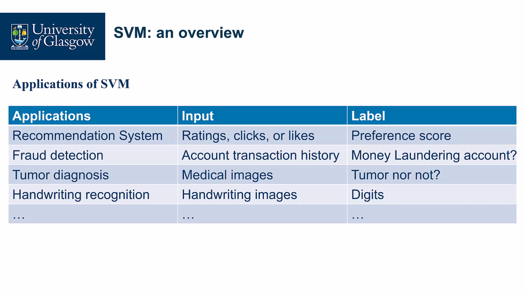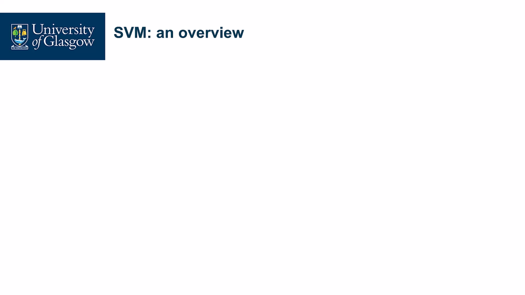In medical applications, we can identify tumor diagnosis: we can see the medical images and identify the tumor or not. And for handwriting recognition, you have already seen it before in previous sessions, right? So SVM is widely used in these areas.